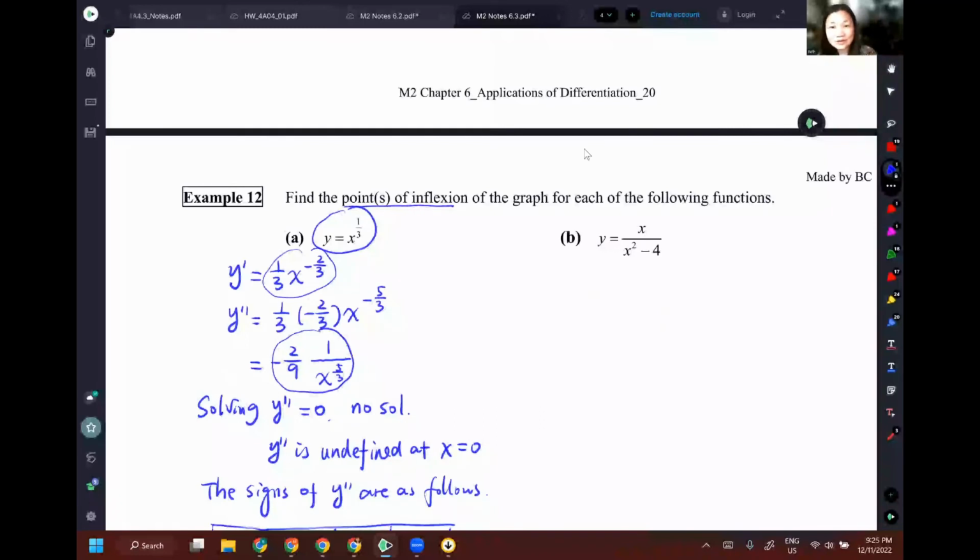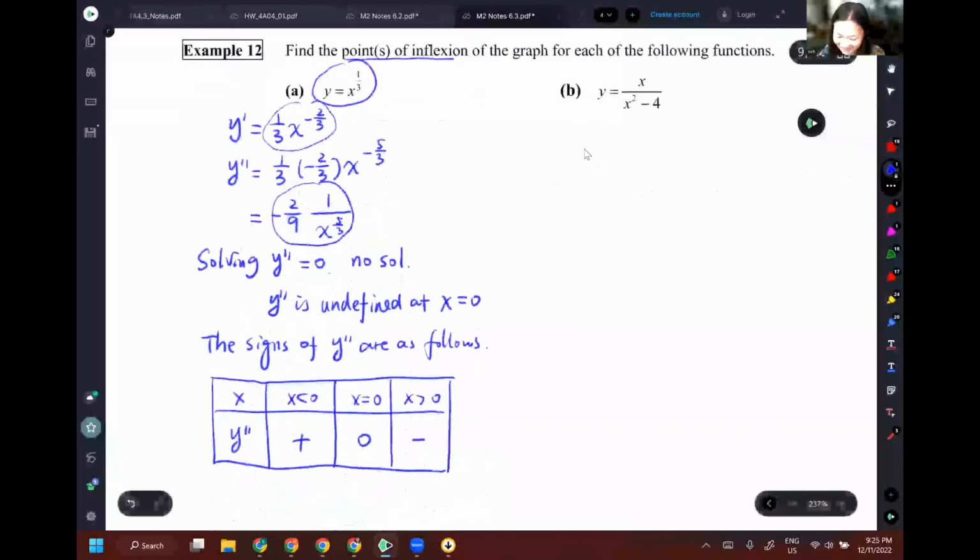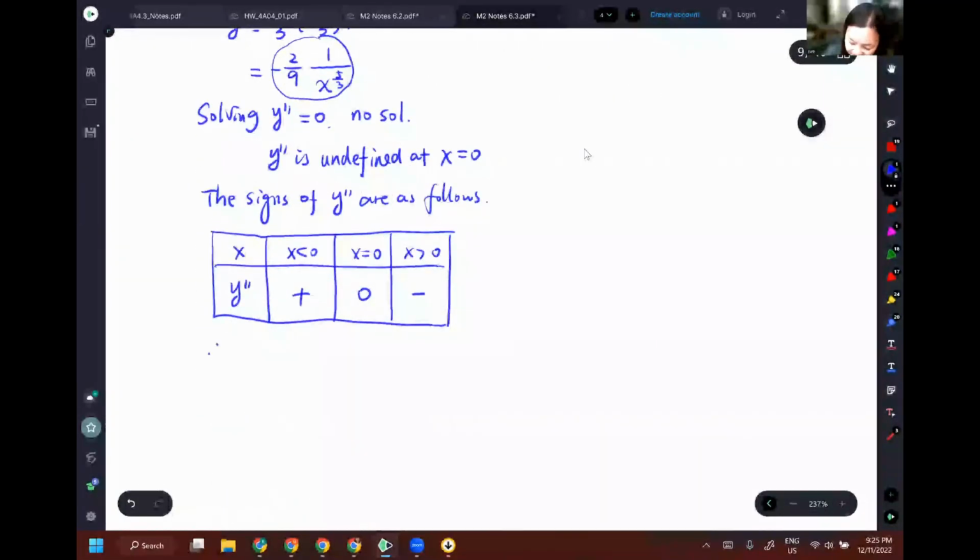But the original function is not undefined. That's why there is still a chance for that point to be a very special point. Okay? Therefore, 0, 0 is the point of inflection.